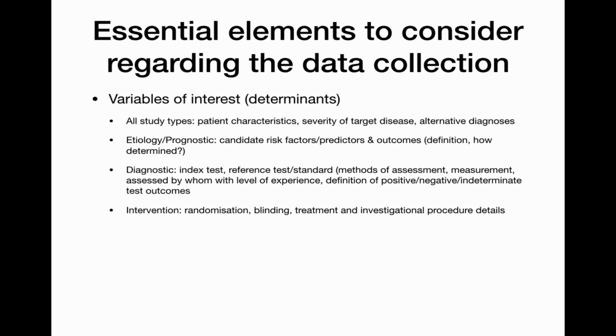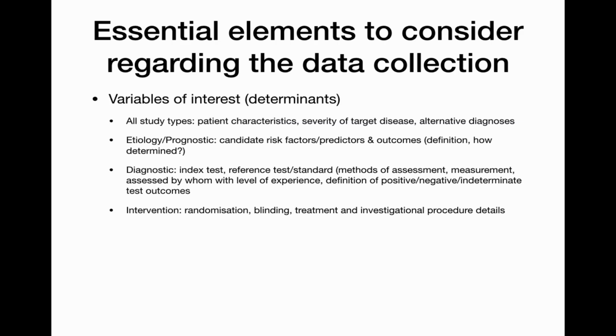And for all study types, this means which patient characteristics are we interested in? What is the severity of the target disease or alternative diagnoses in diagnostic studies? And for etiology and prognostic studies, we need to think about the candidate risk factors or predictors and the outcomes with specific definitions and how we determine them.